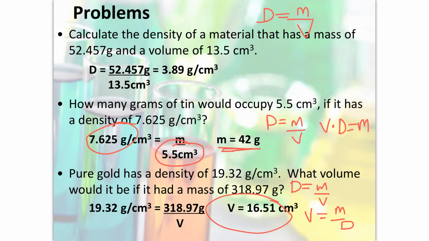I'm just rearranging the equation, right? Here's my density, here's my mass. What value under here, when I divide it into here, gives me this number? And that's the answer. So you just play with rearranging the equation in each case and then solving for the unknown. So that's it for density. You would now do some more practice problems on your own or the assignment which I've given you.